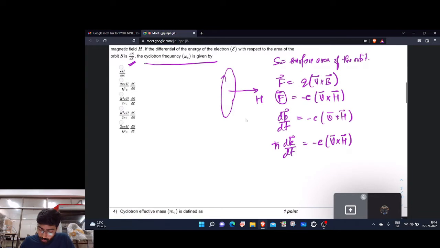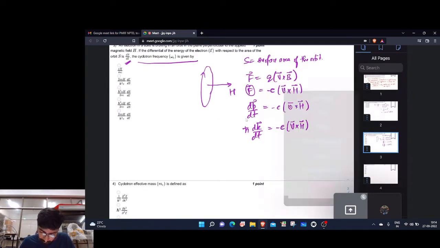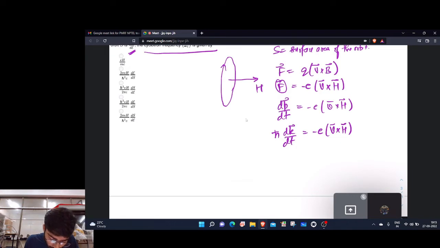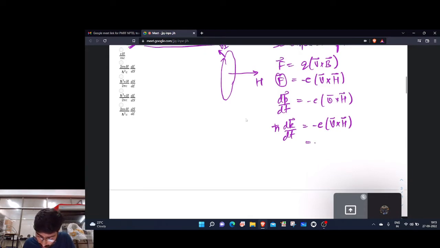Let me take a separate page for this. Now if one considers the electron which was moving, the velocity would be this way outside, and let's say V is nothing but V perpendicular we are talking about. This V perpendicular is at 90 degrees to H, and V cross H can be modified as minus e V perpendicular H sine of 90 degrees.